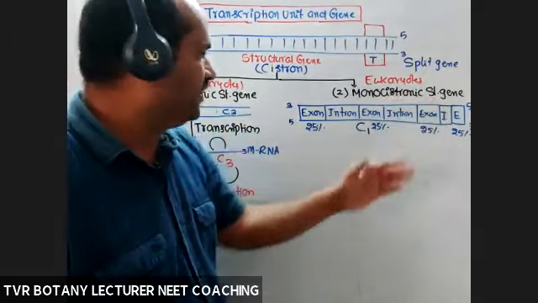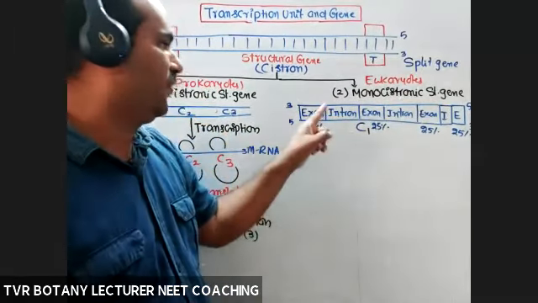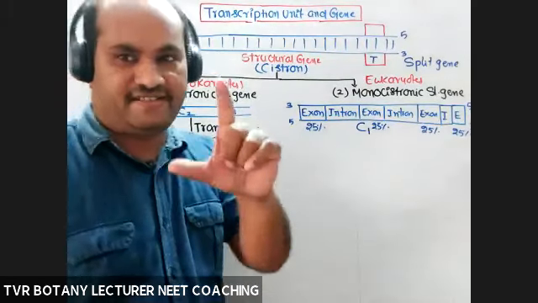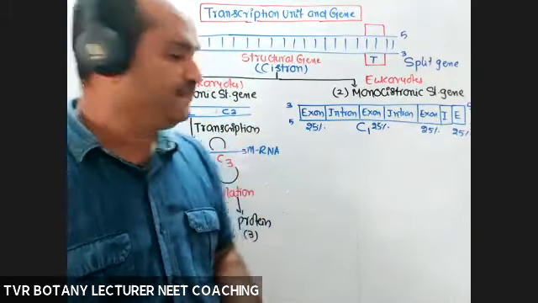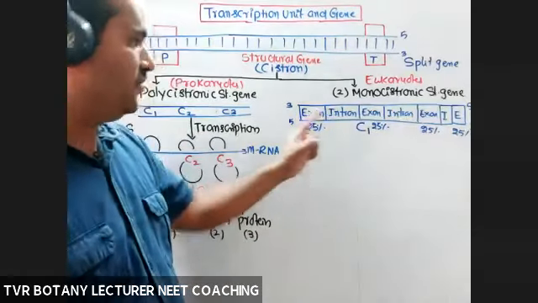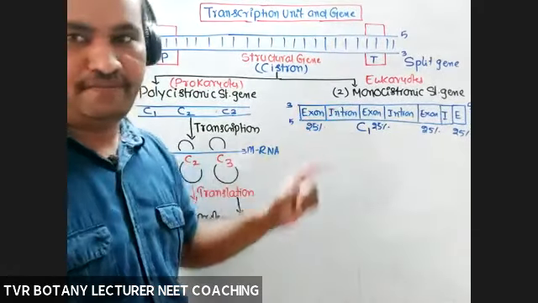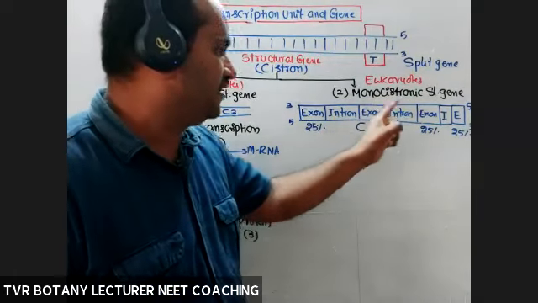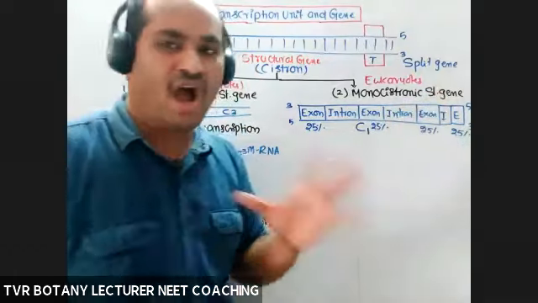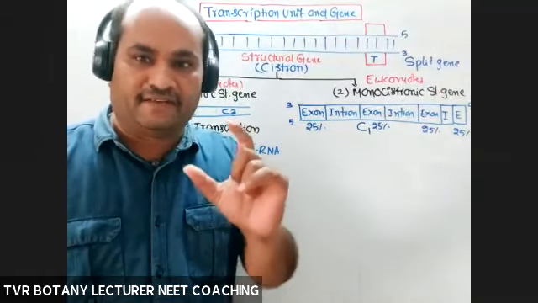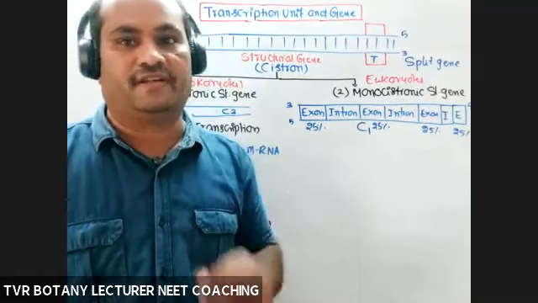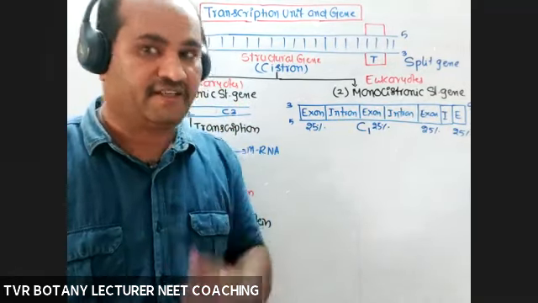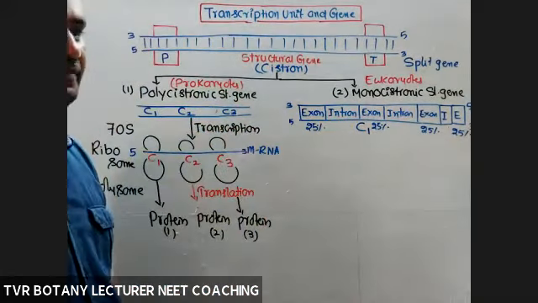No, because introns are present. So the definition is complicated. If it is continuous, we can say a segment of DNA codes for protein, acceptable. But here it is coding, non-coding, coding, non-coding. How to define that as a segment of DNA that codes for a protein? The definition is complicated, definitely, because intervening sequences are present.